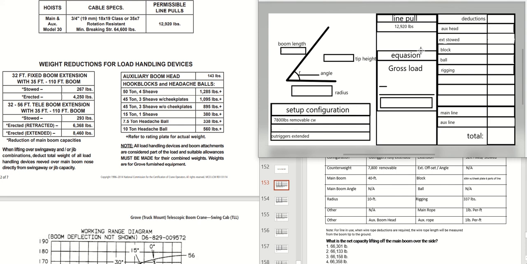This is just a diagram that I set up, that I built. This is how you will do your chart configuration so that you have everything on your page so that you can look at it and figure the problem out with the least amount of downtime or flipping pages back and forth. Every time you flip a page back and forth, you're losing just about 30 to 40 seconds by the time you flip to the right page, find what you need to find, and flip back.